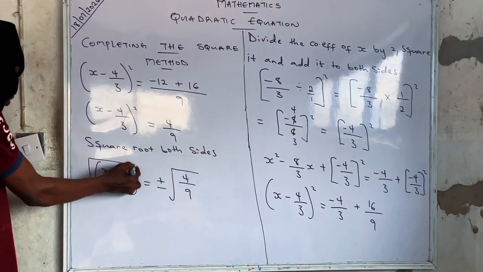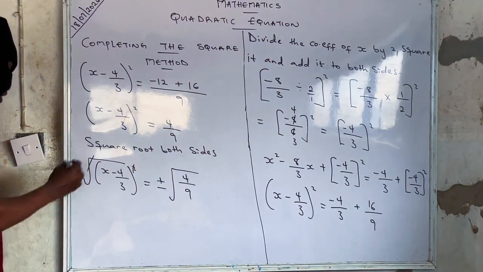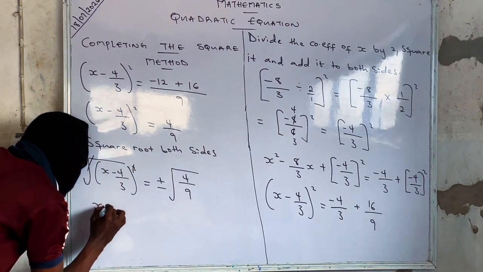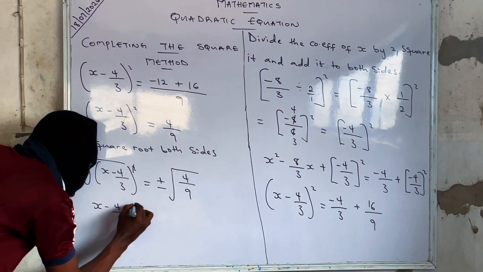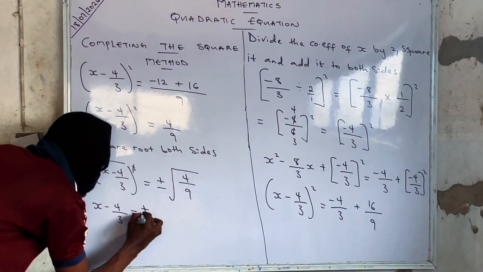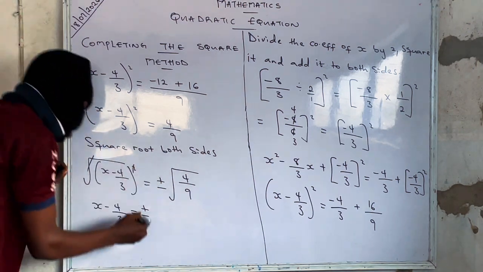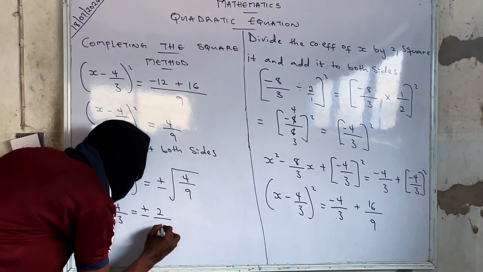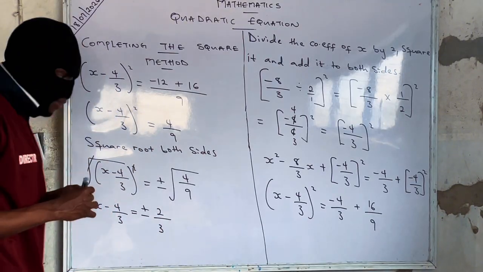Now the square root eliminates the square here, so we are left with x minus 4 over 3 equals plus or minus, the square root of 4 is 2 and the square root of 9 is 3.